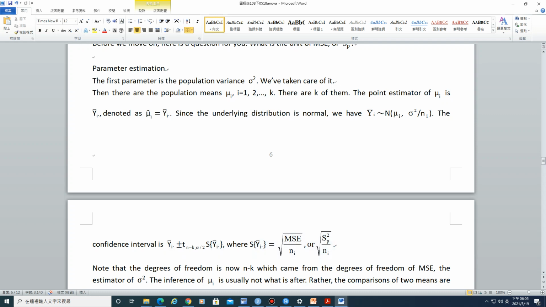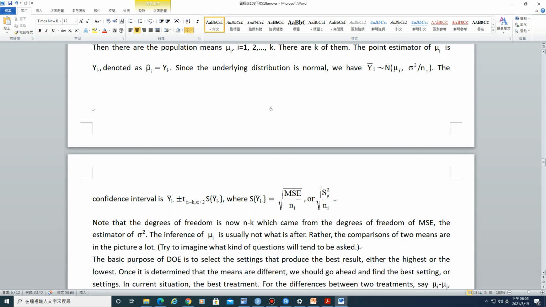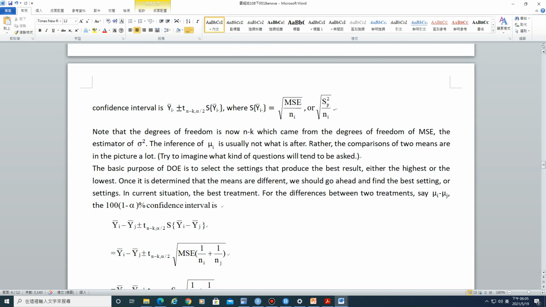However, the confidence interval for each individual sample mean is not important, because the sample mean is really not of interest to anybody.